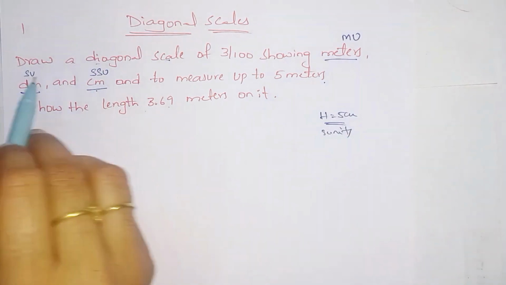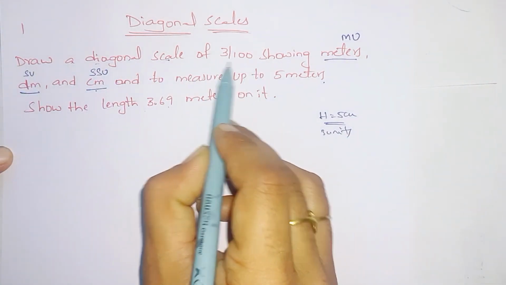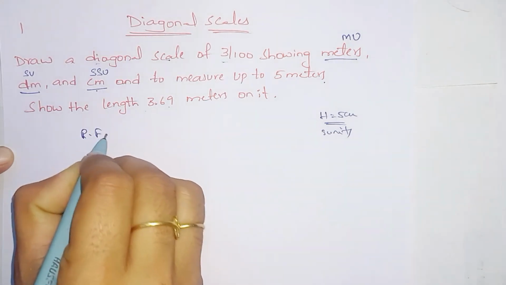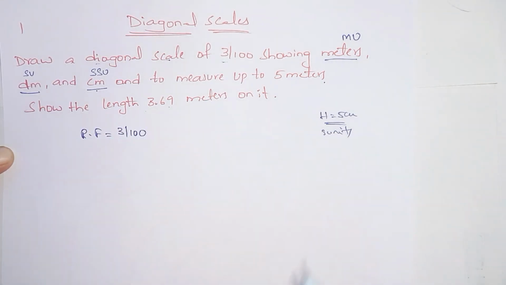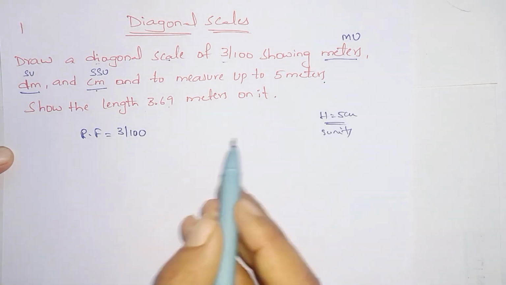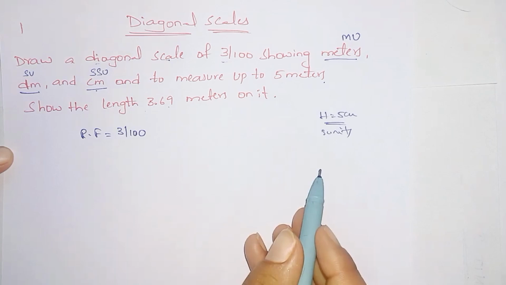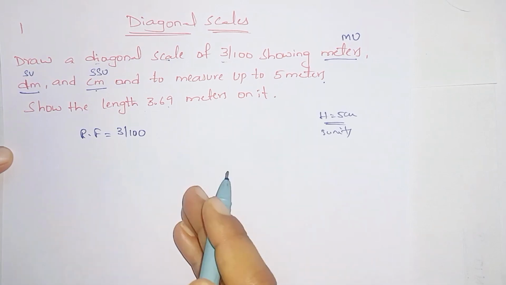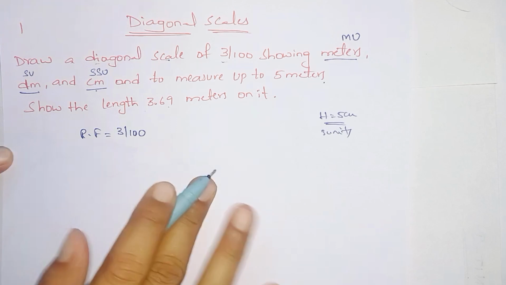Here the RF of the diagonal scale is directly given as 3 by 100. If it is asked in theory form, you have to follow the formula: RF is equal to length of the drawing by length of the object. Substitute and calculate the RF value. RF has no units.